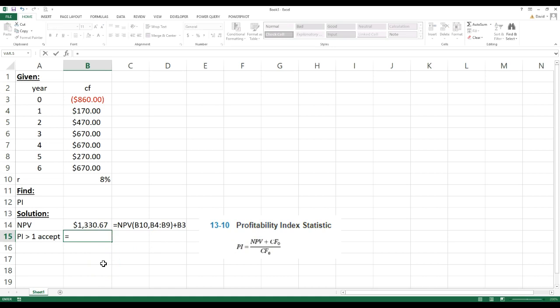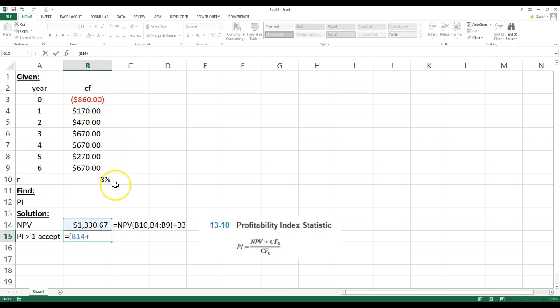We're going to go equals. The NPV we have calculated right here, so it equals this. I'm going to put it in parentheses because it's the numerator and I want to add it first before we divide it. So it's going to be this plus the cash flow at time 0. The only problem is this formula is a little bit tricky to use because it wants the positive cash flow.